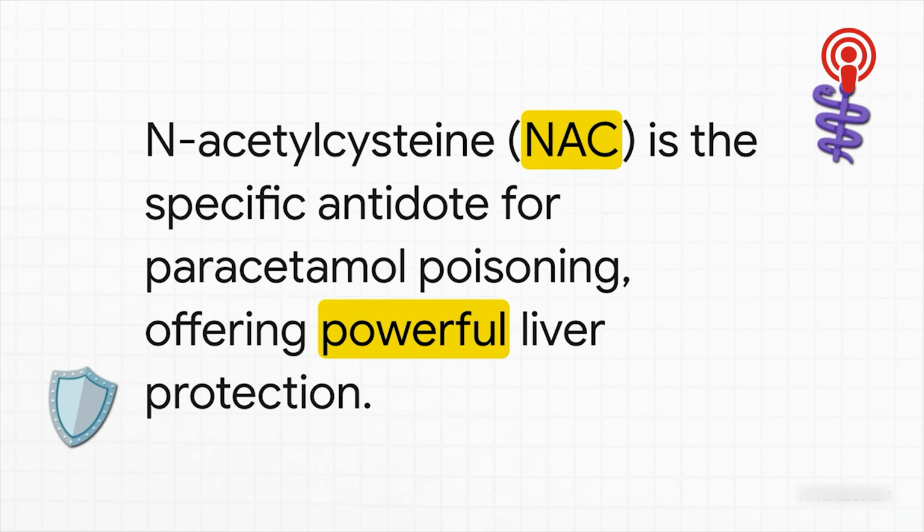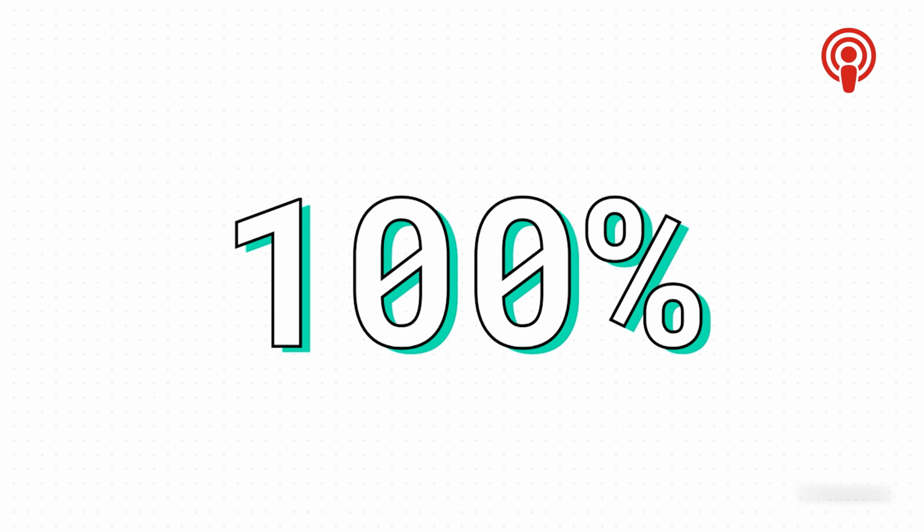NAC basically comes in and gives the liver the building blocks it needs to create more of its own natural bodyguard, this stuff called glutathione, to fight off the poison. And get this, NAC is unbelievably effective. If you start it within 8 hours of the overdose, it is nearly 100% effective at preventing liver damage. 100%. That's why that 8-hour window is so critical.